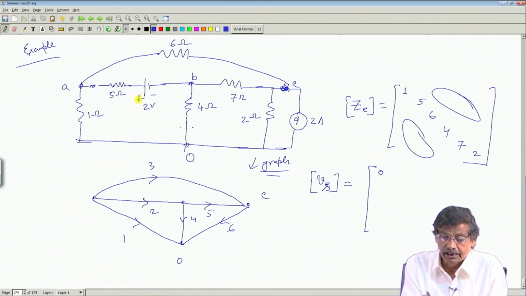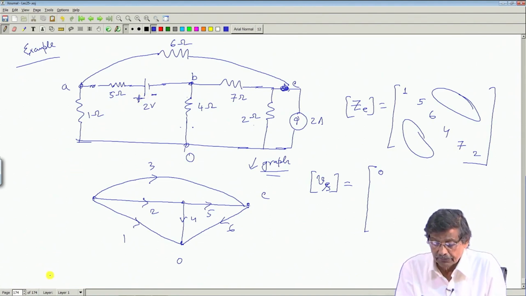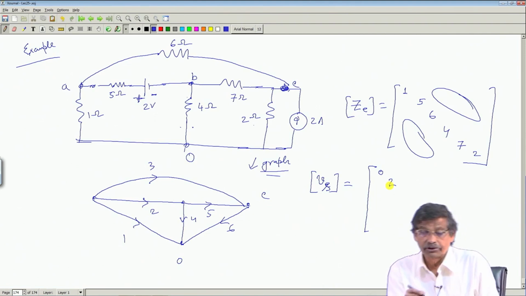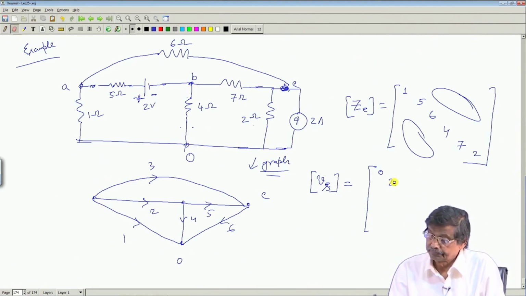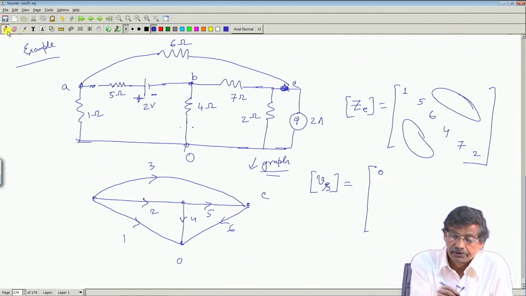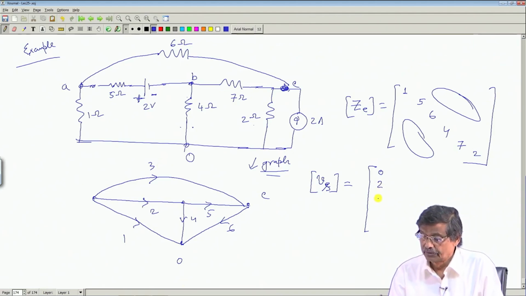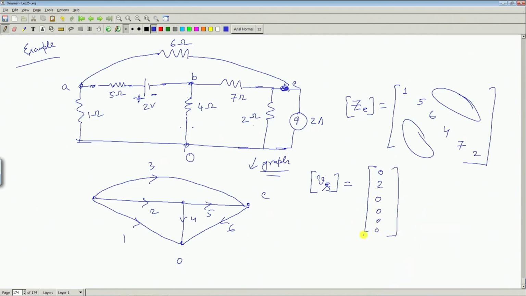With this about sign you note, this is plus, this is minus. What is the arrow given? This way. So, this is fine, plus 2. In no other elements voltage sources are there. So, 2, 3, 4, 5, 6, that is Vs.